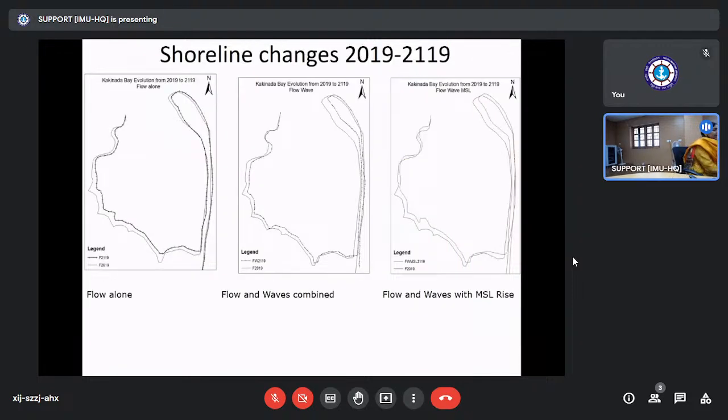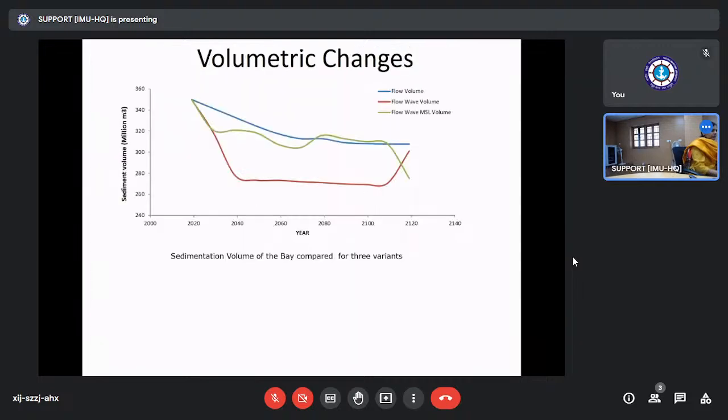So these are the shoreline changes. The first graph shows only tides as forcing, second, tides and waves combined, and third, tides and waves with MSL rise. These are the volumetric changes. It shows the volume has changed.